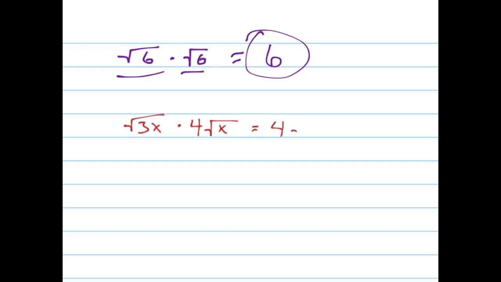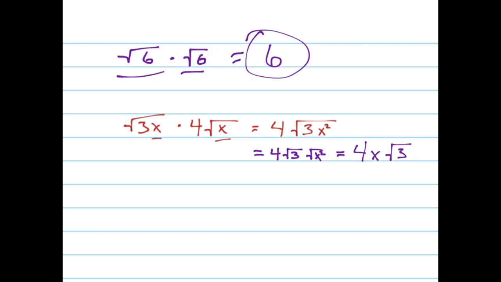Underneath the radical we get radical 3x squared, because x times x gives me x squared. Then I can split that: 4 radical 3 radical x squared, and the square root of x squared is x. So we've got 4x radical 3.